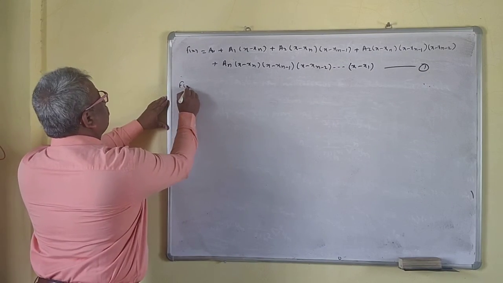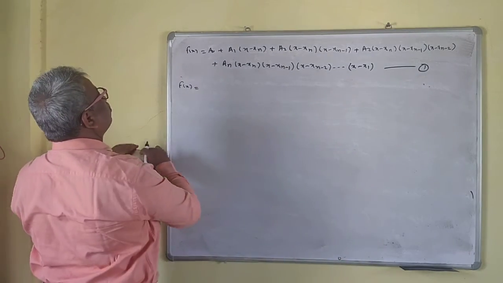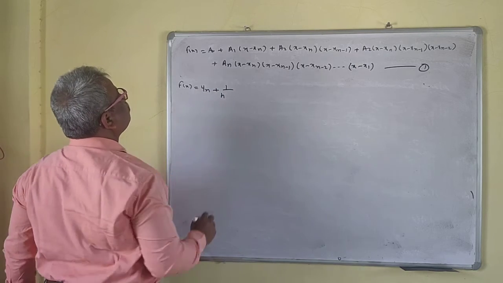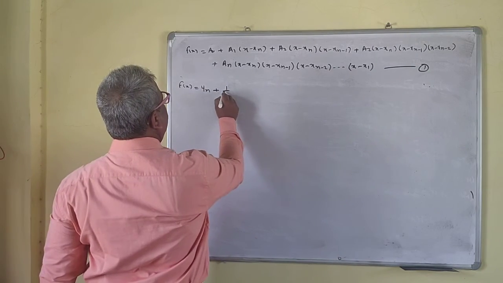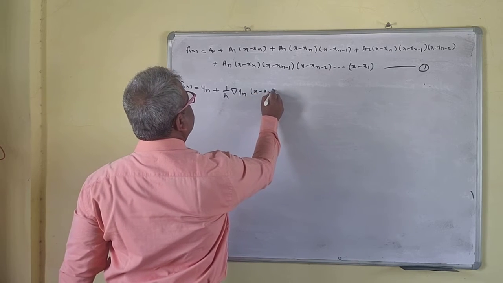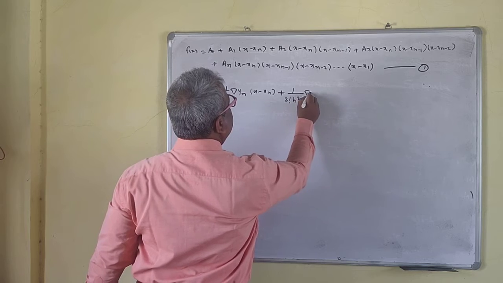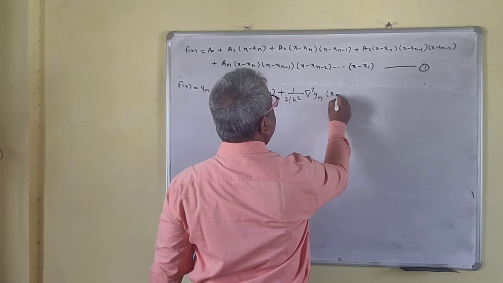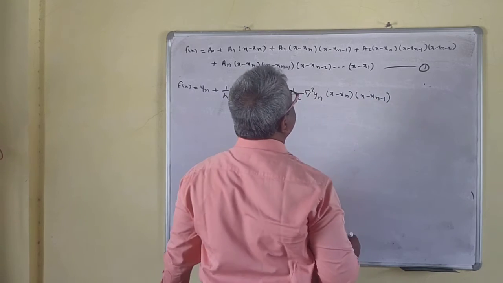F of x is equal to, what is a0? A0 is yn. We are putting the values now. So yn plus 1 upon h, first backward difference of this, (x minus xn), plus 1 upon 2 factorial h square, second backward difference at yn, (x minus xn)(x minus xn minus 1).